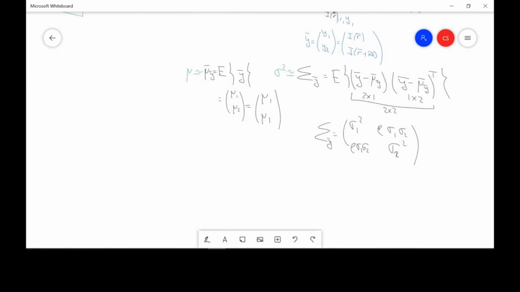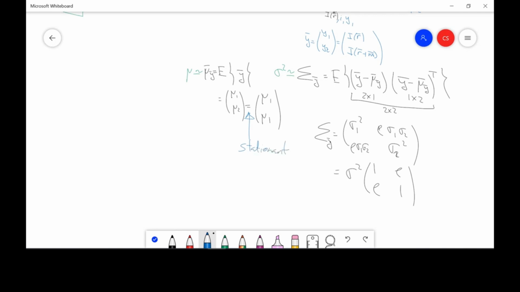But the variances are the same, so sigma 1 and sigma 2 are the same. So I can take it out. Whatever remains is sigma squared times the matrix with 1, rho, rho, 1. This is true because of the stationarity, and this is also true because of the stationarity.